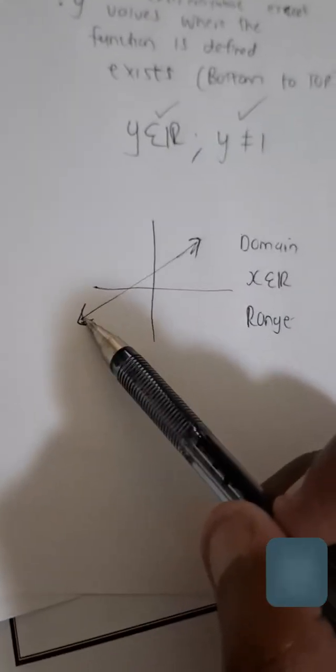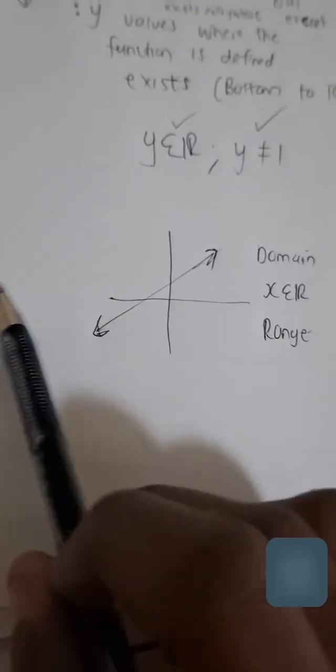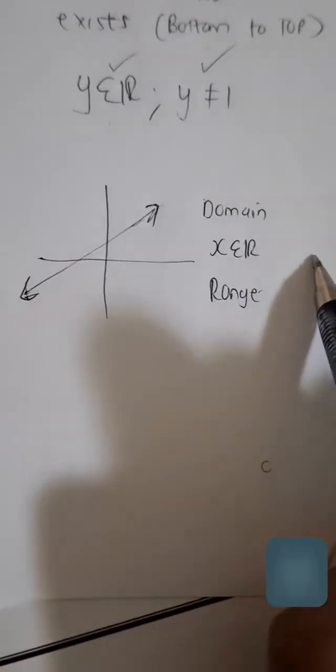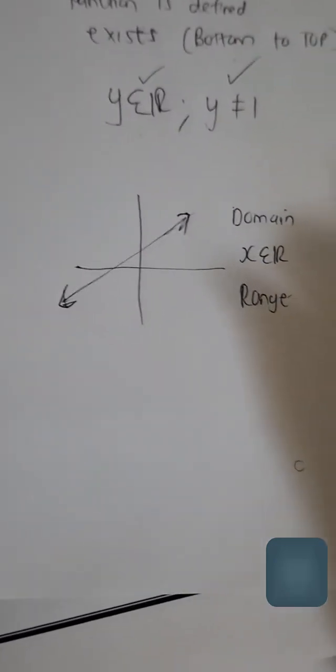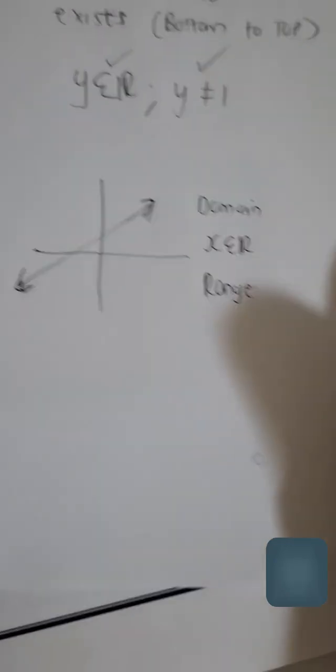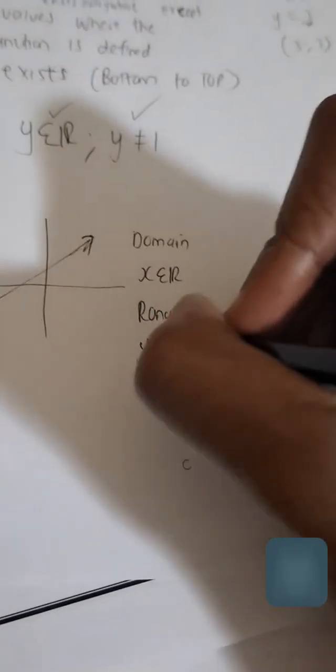From left to right, and from the bottom to the top, this function exists everywhere. So you can say here as well, the range is y is an element of real numbers.